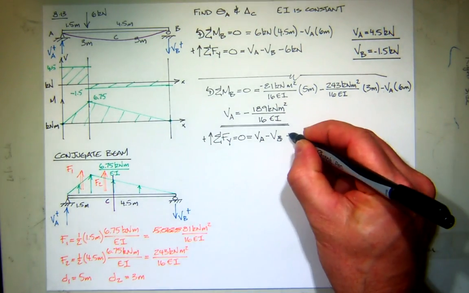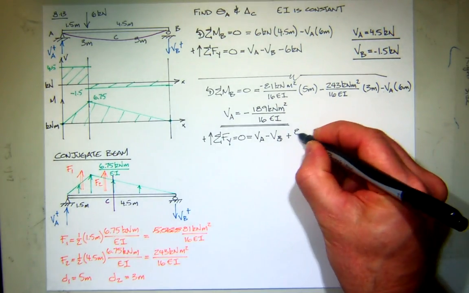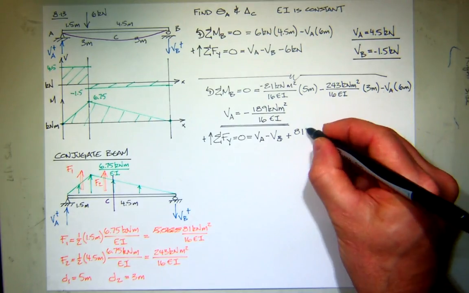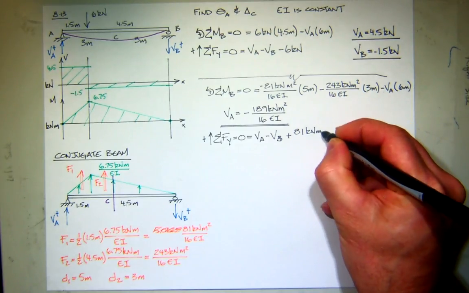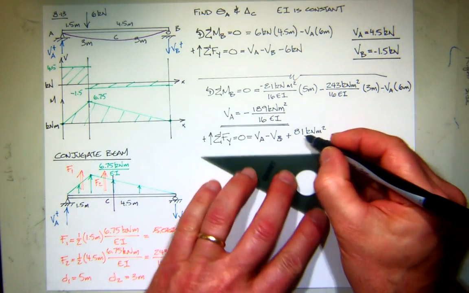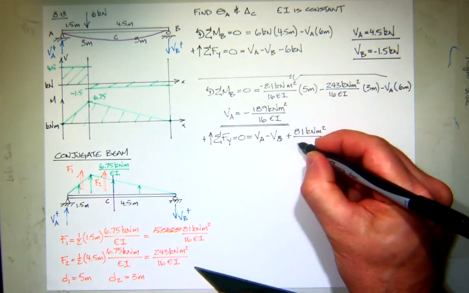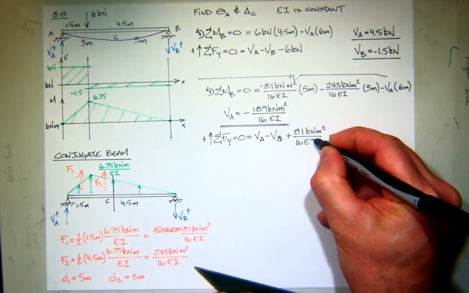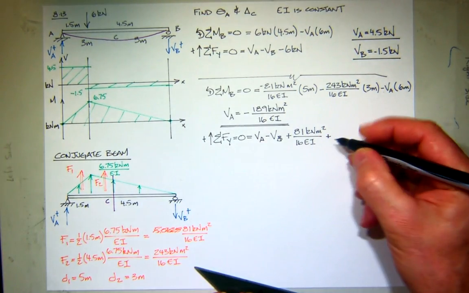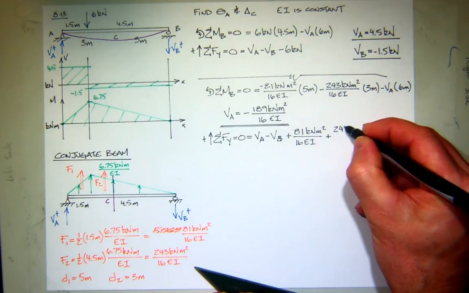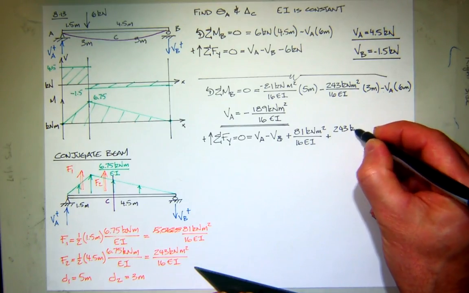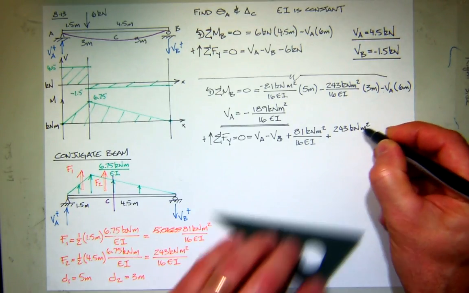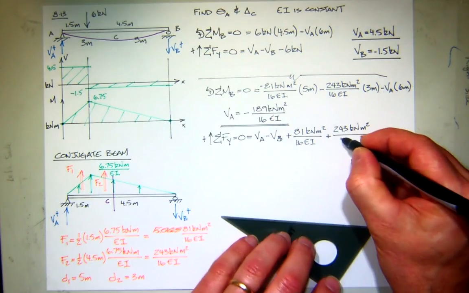So that would be plus 81 kilonewton meter squared over 16 EI. And then F2, which is 243 kilonewton meters squared, again over 16 EI.